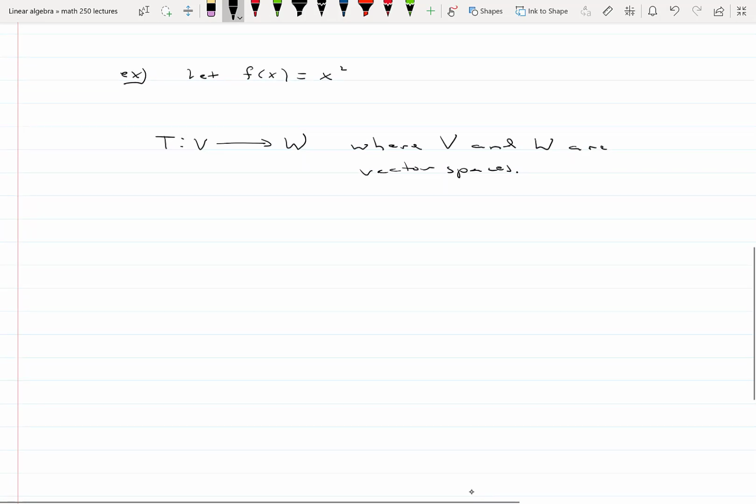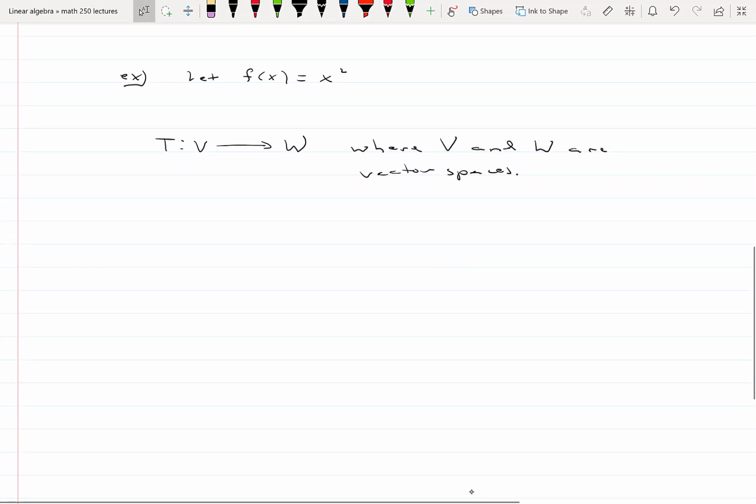Okay, so I thought it would be a good idea to look at some real simple examples before digging into linear transformations. An example of a transformation, well, we've already looked at one, but let's take a look at a more elaborate one, something we haven't seen earlier in calculus or in pre-calculus.